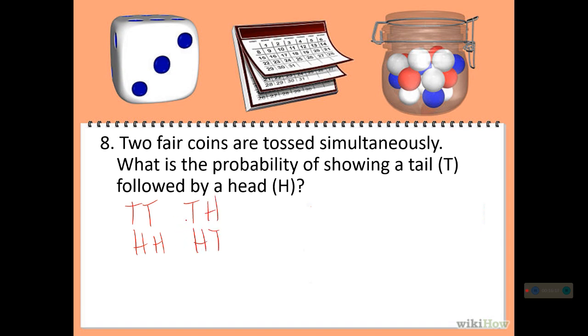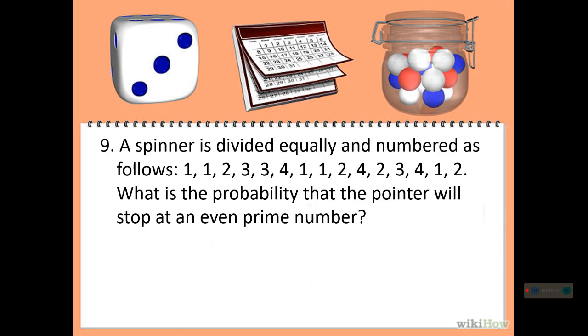Okay? So, these are the 4 possible outcomes or the sample space, wherein you will have to find the probability of showing a tail followed by a head. So, that's why you just have 1 here. So, 1 out of 4. So, your probability here is 1 over 4.